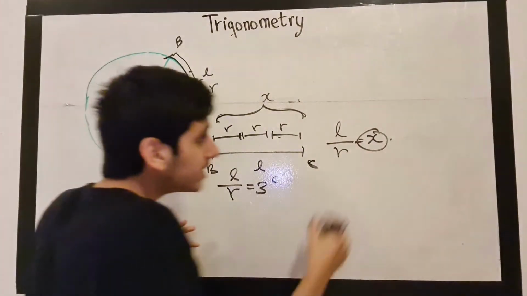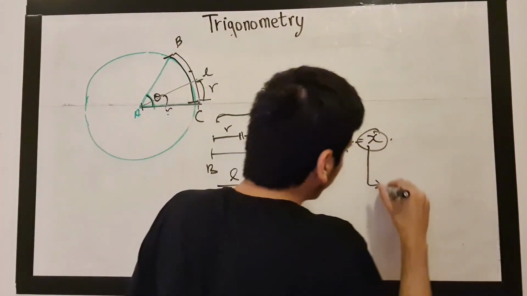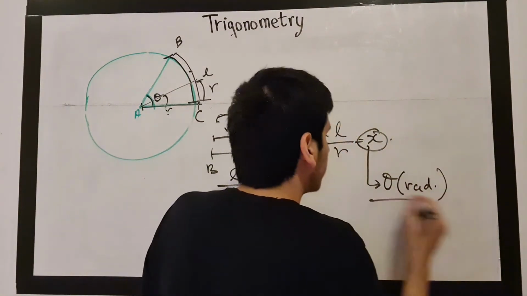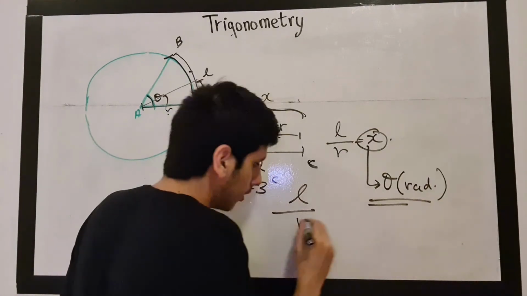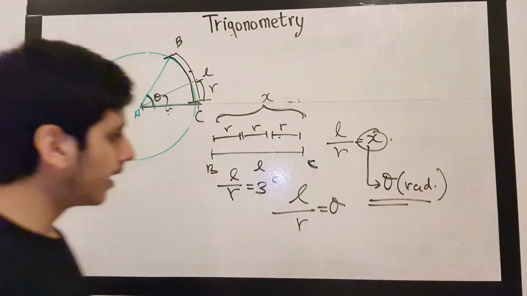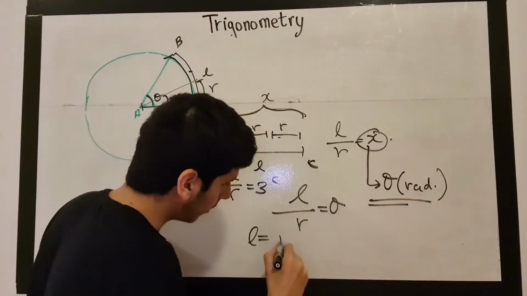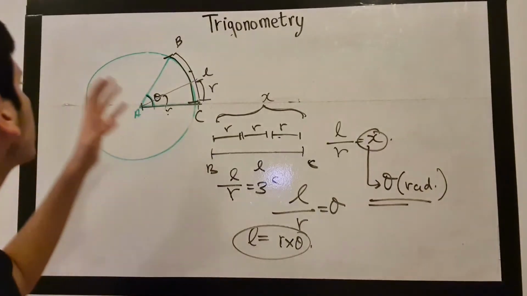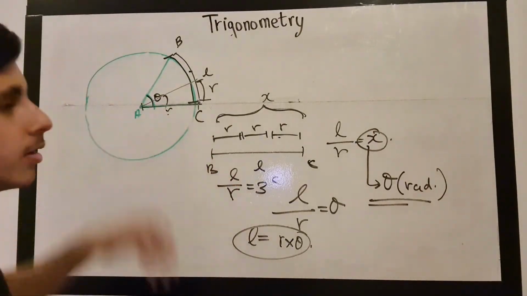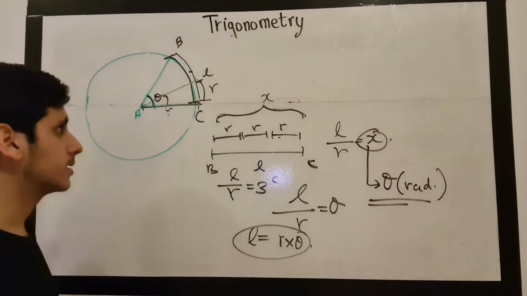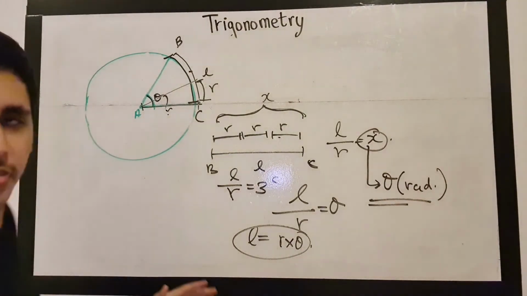So this x is nothing but r theta in terms of radians. So L over r equals theta, the central angle, okay? And so L would equal r times theta. We have just proved our formula from this concept, and it was nothing complicated.